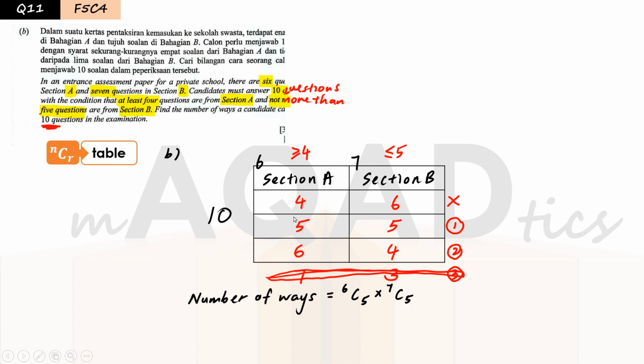This is for the first possibility, and for the second possibility, we are going to add. We choose 6 questions, so 6C6, and multiply with 7 questions where we choose 4 of them, so multiply 7C4. Once we have this, we can put it into the calculator and find out the answer, which is 161.